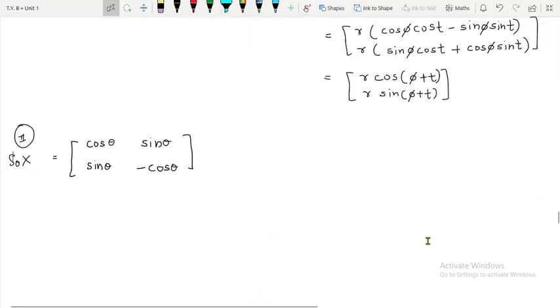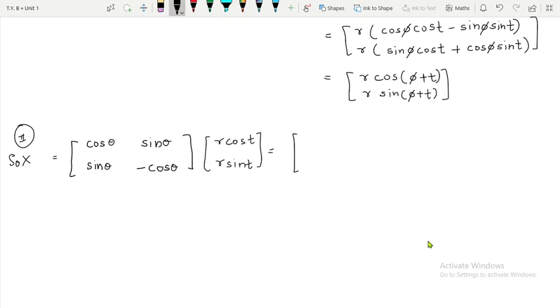Now let us see the action of the reflection matrix on this vector, that is r cos t and r sin t. So just note one thing, there is one change in the matrix of reflection.